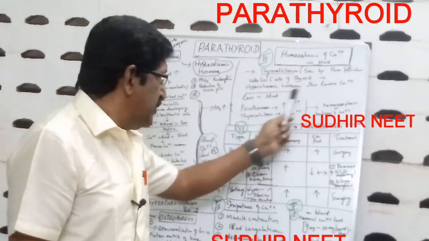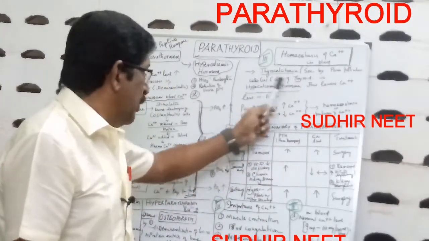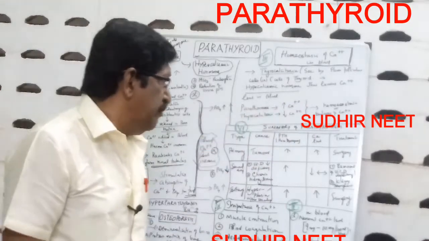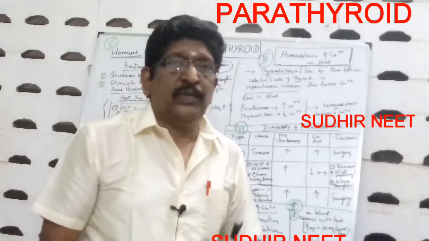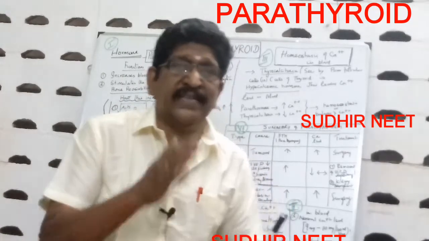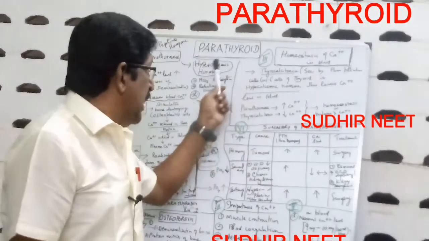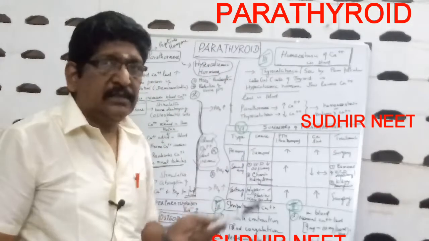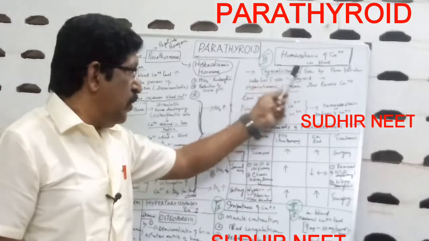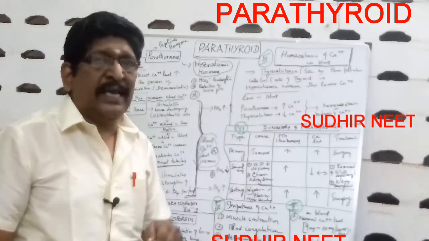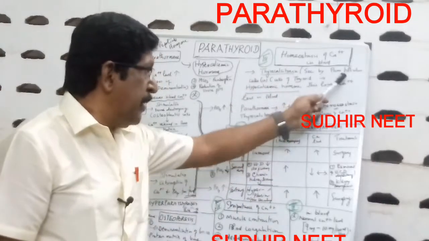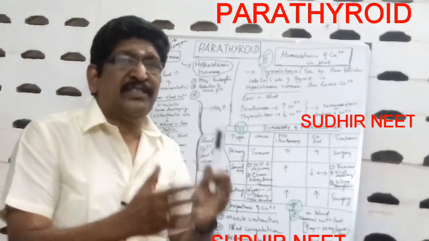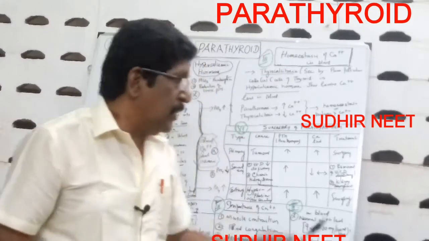It lowers the calcium level in blood. So you should know the homeostasis. The Parath hormone is a hypercalcemic hormone secreted by the parathyroid glands, whereas the thyrocalcitonin is a hypocalcemic hormone secreted by the parafollicular cells of the thyroid, by which the homeostasis of calcium is maintained.